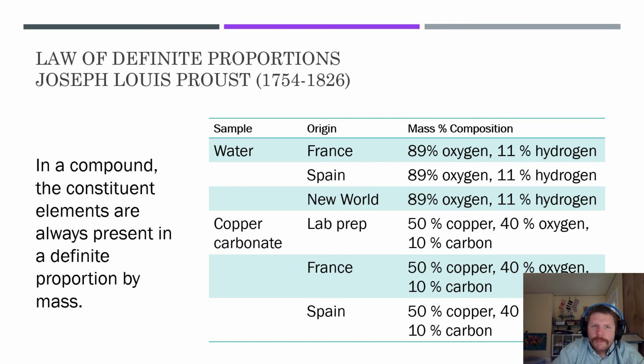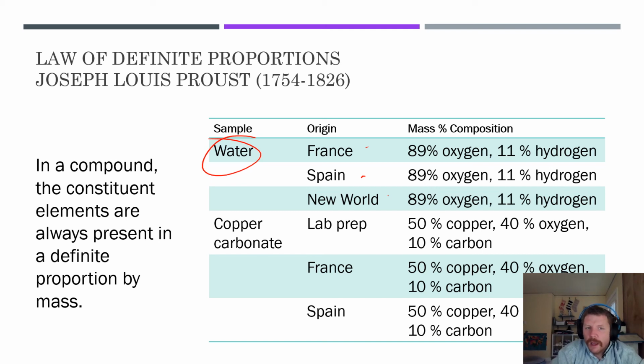The law of definite proportions, devised by Joseph Louis Proust: he compared the mass composition, or basically the makeup, of water in France, Spain, and the so-called New World, and lo and behold, water was 89% oxygen, 11% hydrogen.